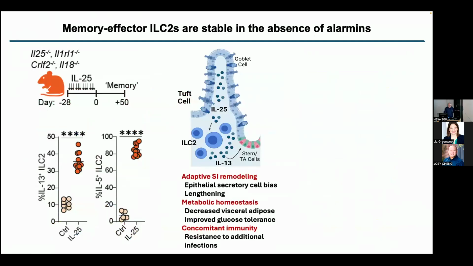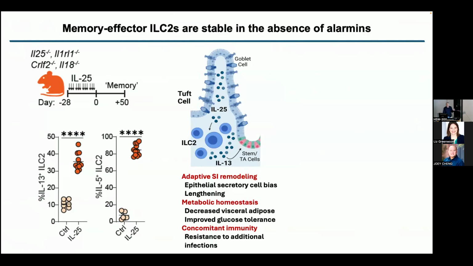What was really striking is that when they were crossed into mice that lacked all of the alarmins, these mice still could be induced, maintained their effector potential, and escaped alarmin dependence. Now, if you take them out and activate them with an alarmin, they activate fine.